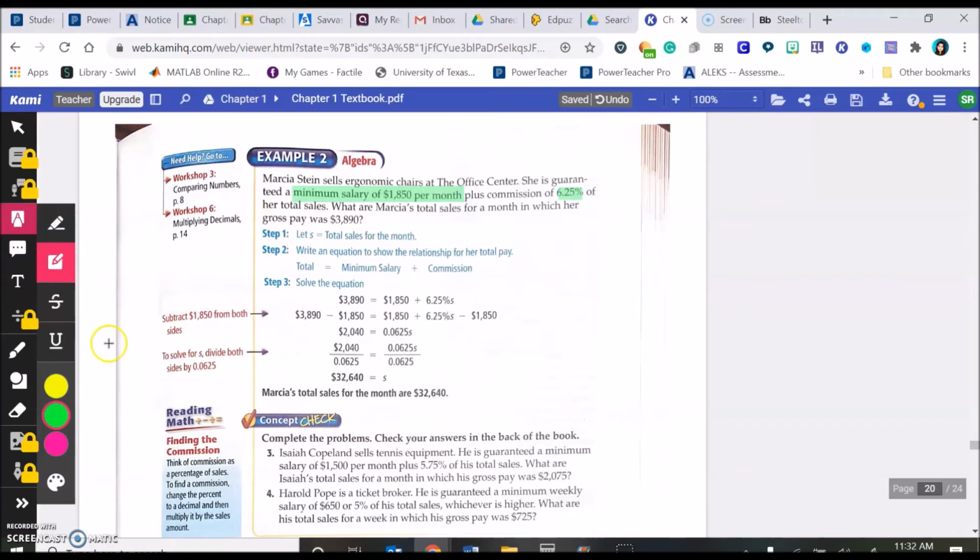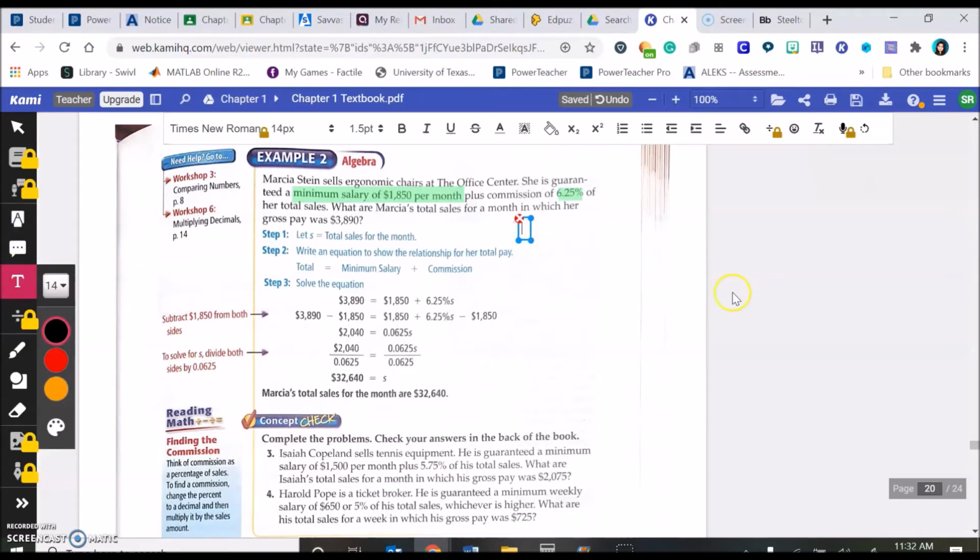What are Marcia's total sales for a month in which her gross pay was $3,890? We know that she gets 6.25%, so I want to change that to a decimal, 0.0625.